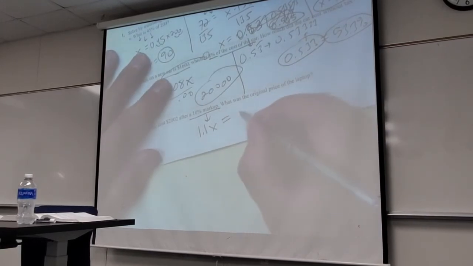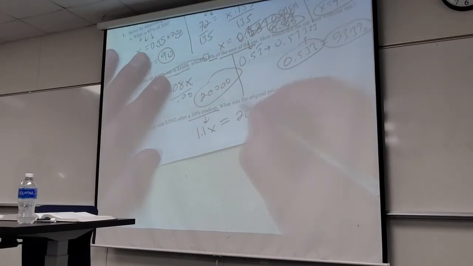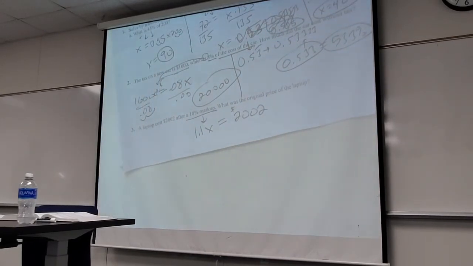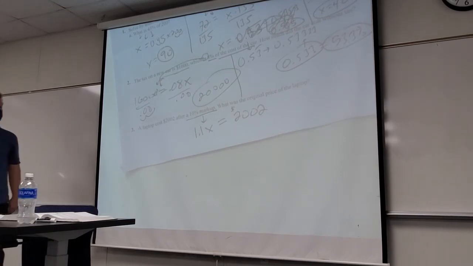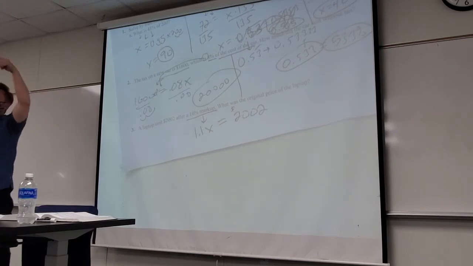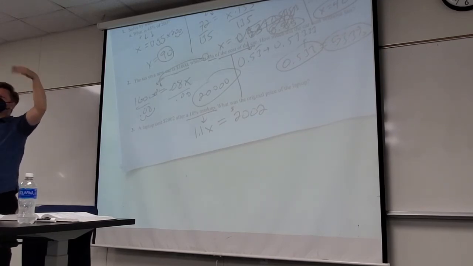And that would lead me to the new sale price of $2,002. Just like the 0.9 we did earlier. Why was it 0.9? Because we subtracted. It was a discount of 10%. Now this is a markup. So instead of 0.9, it goes up to 1.1.